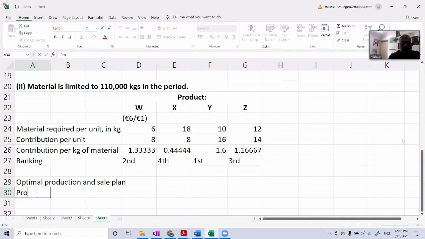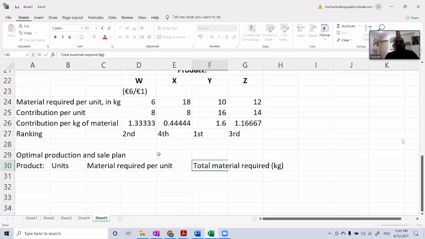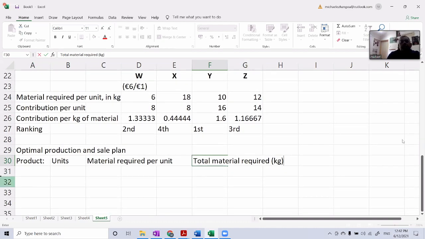We have product, units, material required per unit, total material required, kg. All right, now following the ranking, we start with Y.